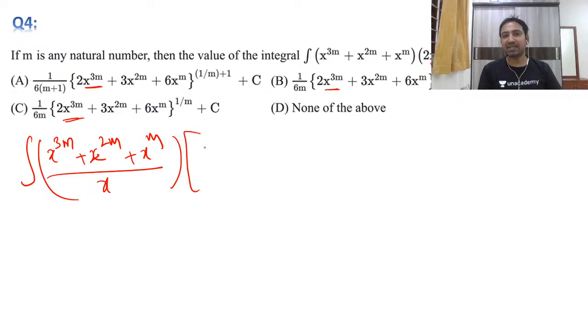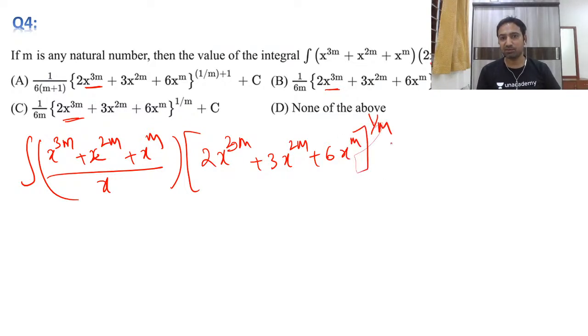When you multiply with x and it goes inside the power of 1 by m, this becomes x power m. So this becomes 2 into x power 2m plus m, that is x power 3m plus 3 into x power 2m plus 6 into x power m, whole power 1 by m into dx.